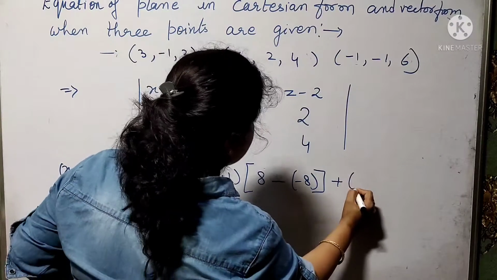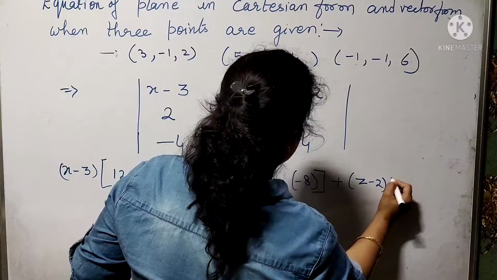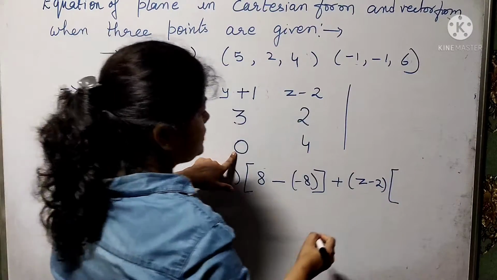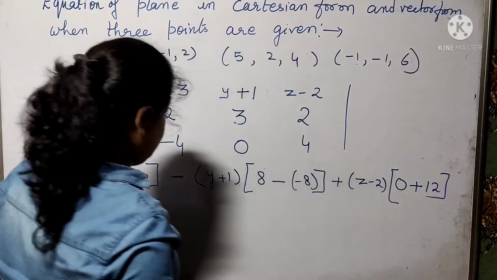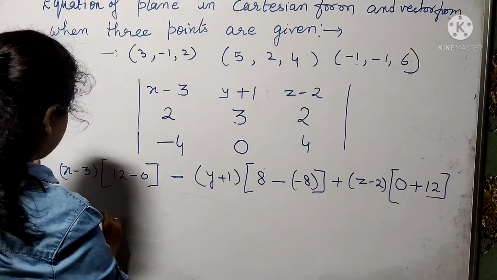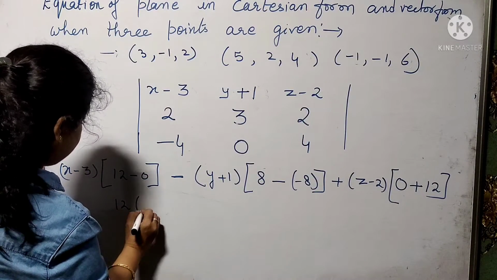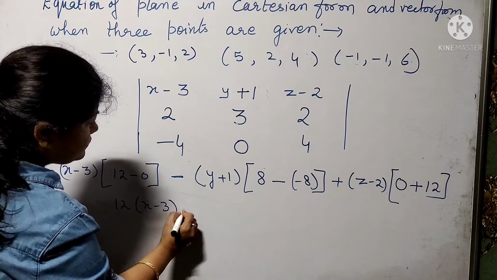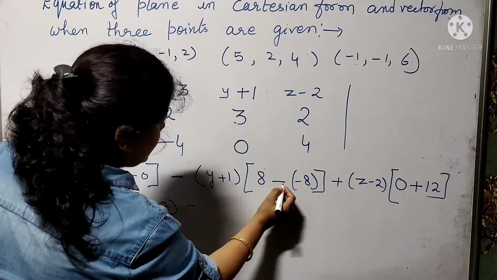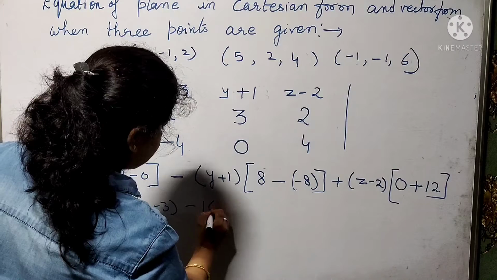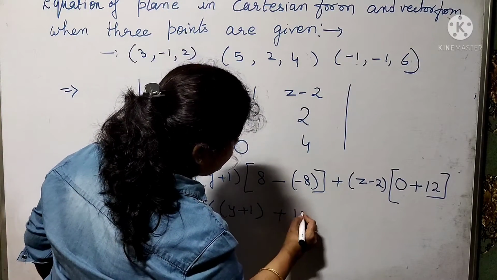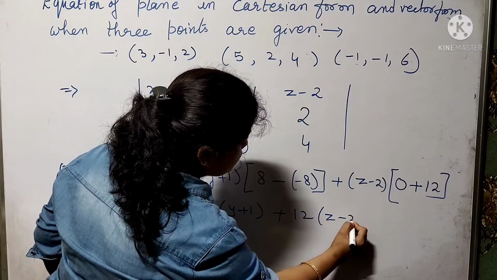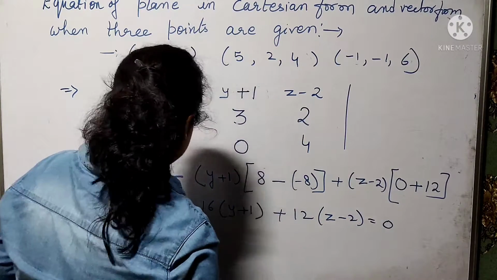Then z minus 2 and 2 into 0, that is 0, plus 4 3s are 12. Now we solve this equation, we get 12 times x minus 3 minus 8 and 8 16, y plus 1, similarly 12 times z minus 2 is equal to 0.